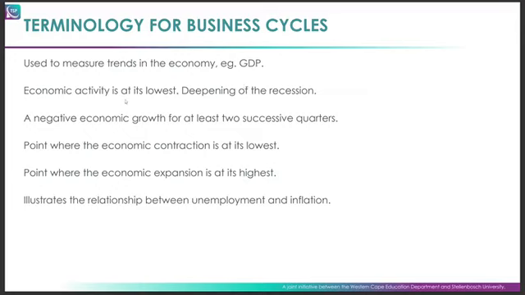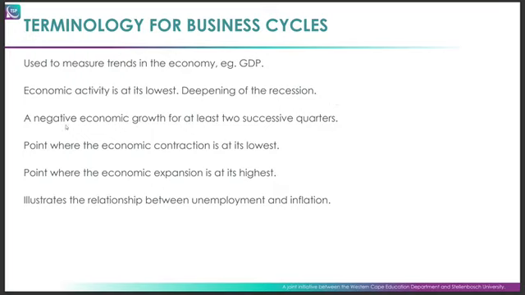Economic activity is at its lowest, deepening of the recession. So that point where economic activity is at its lowest, which is also known as one of the turning points of the business cycle, that obviously would be the trough.